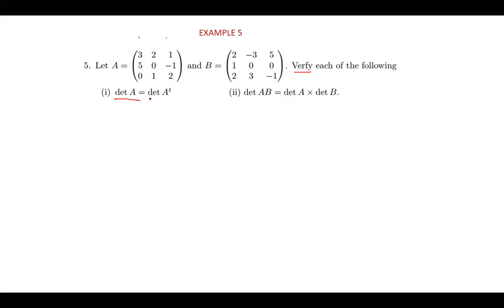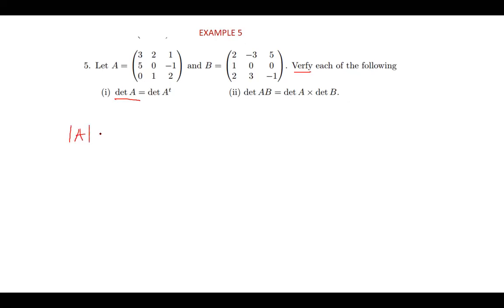So how do you do that? According to this question, you've been given the matrix A and the matrix B, and you've been told to verify whether the determinant of A is equal to the determinant of A transpose. So you first find the determinant of A.